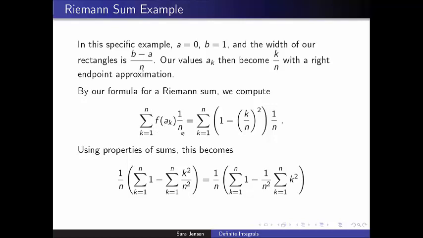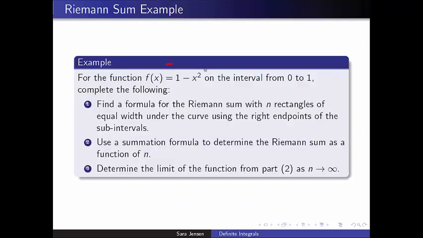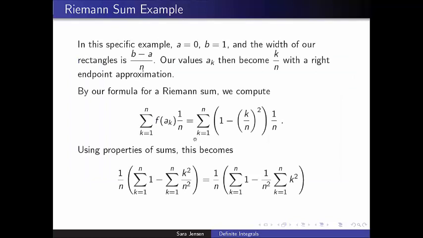All that happens moving from left to right here is that we substitute in what a sub k is, according to this equation, into our f of x equation. So combining those things together, this generic Riemann sum on the left becomes the more specific Riemann sum on the right.